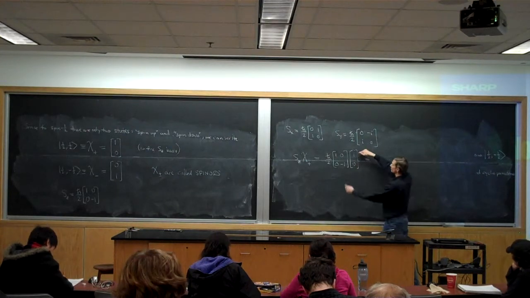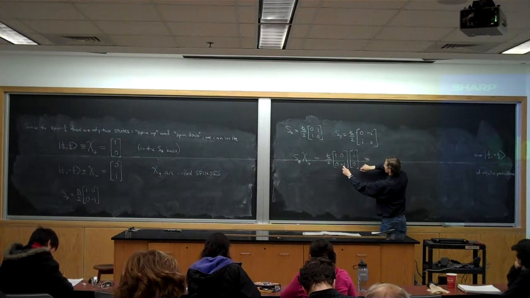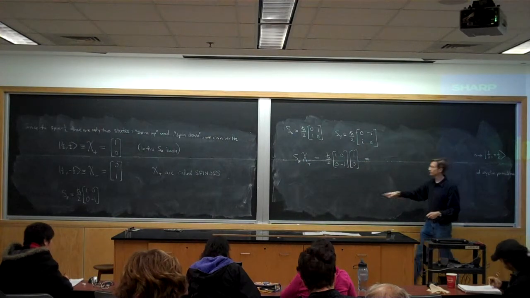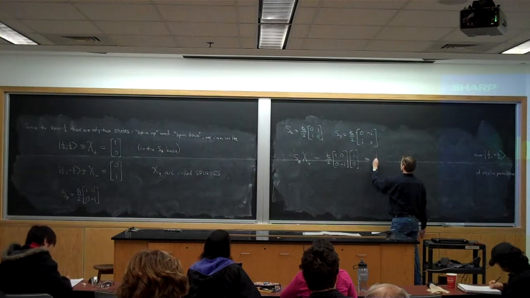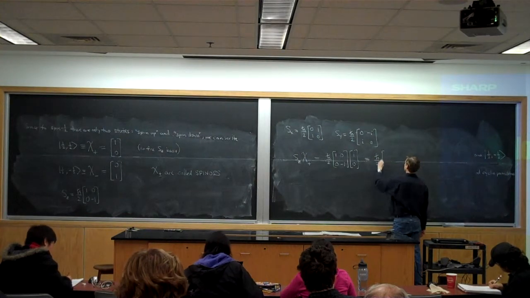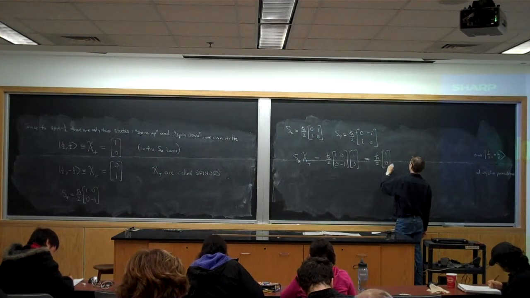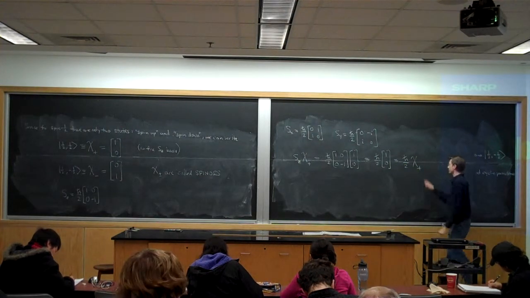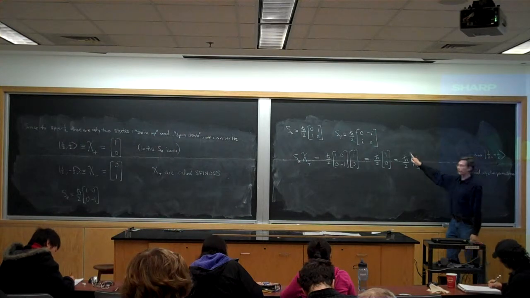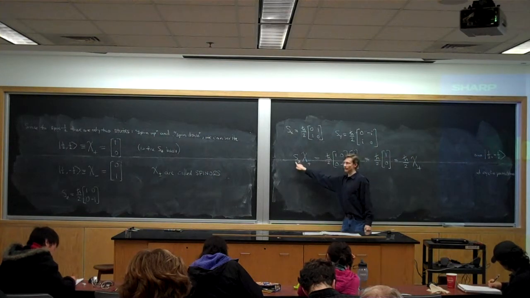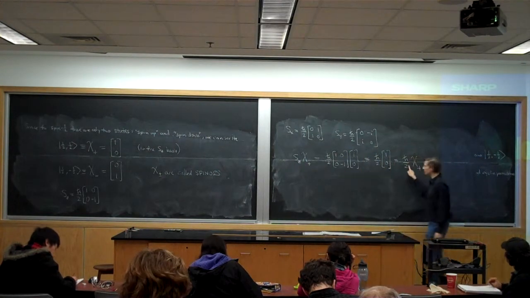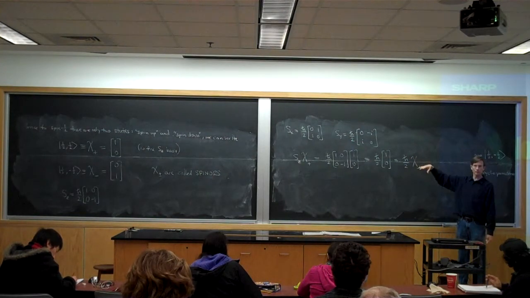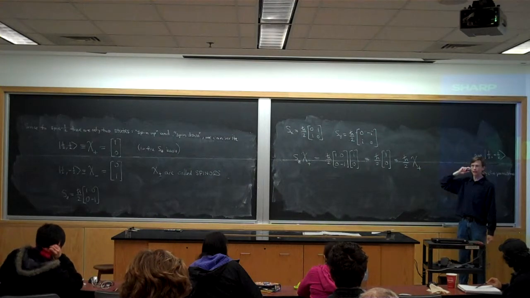The second component is 0 times 1 plus minus 1 times 0. So I get back (1, 0) multiplied by h bar over 2, or in other words, just h bar over 2 times chi plus. So chi plus is an eigenvector of the matrix Sz with eigenvalue h bar over 2. That's good. That says it's a state that has angular momentum in the z direction of h bar over 2.